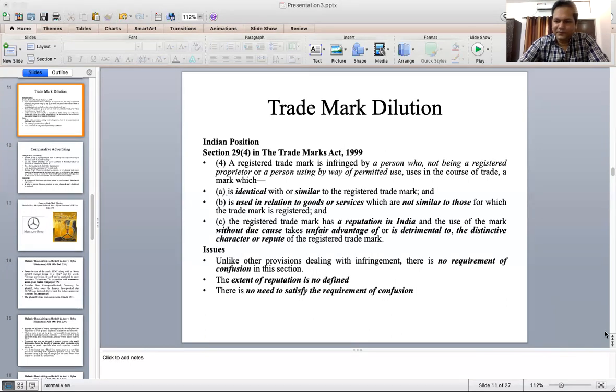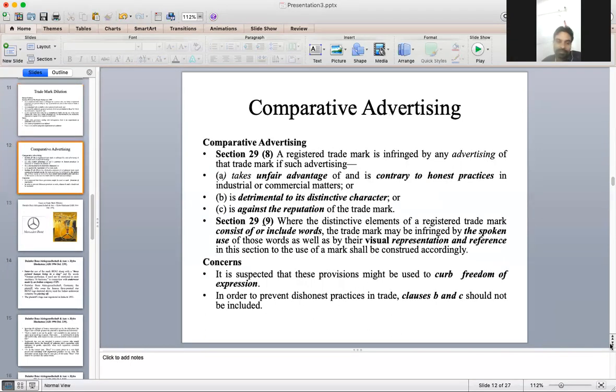So coming to the next one, which is about comparative advertising. One thing you can do by diluting the trademark, that dilution may not only be taken in real use, but may also be taken into account through comparative advertising.